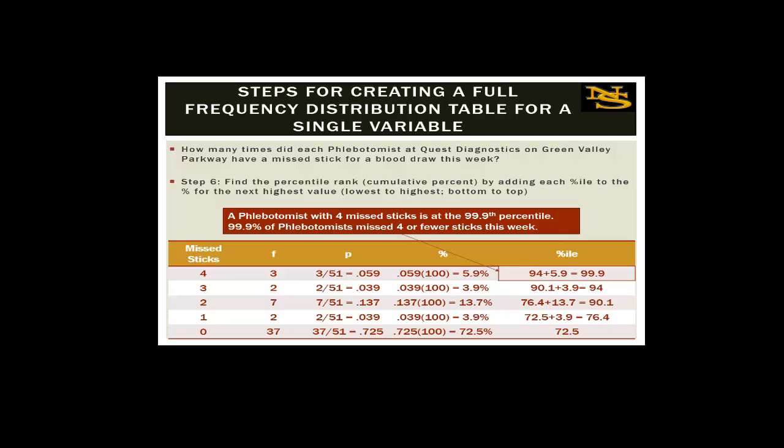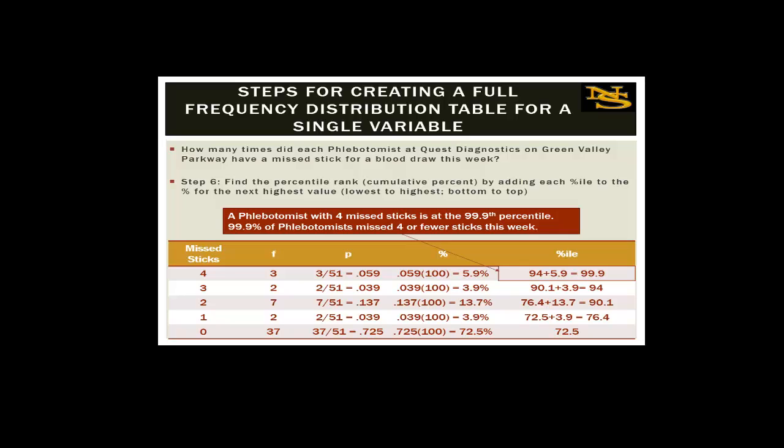Then you add that percentile to the percentage for the next highest score, so 76.4 plus 13.7 right there, 90.1. And you just keep moving on up. 90.1 plus 3.9 equals 94. 94 plus 5.9, there it is, 99.9.